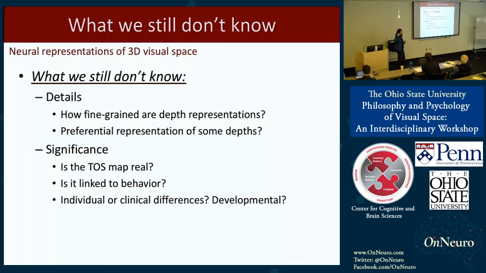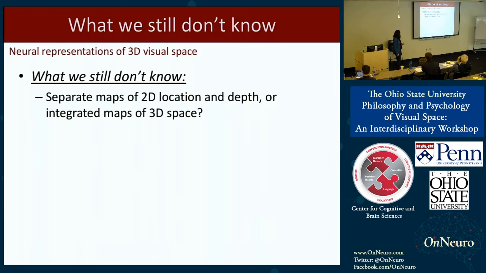So if someone had damage to that TOS region, would that then have implications for their depth perception or their ability to locate things in distance? We don't necessarily know. Are there individual differences in the map, or clinical differences, or developmental differences? All these, I think, are really fascinating questions to follow up on.